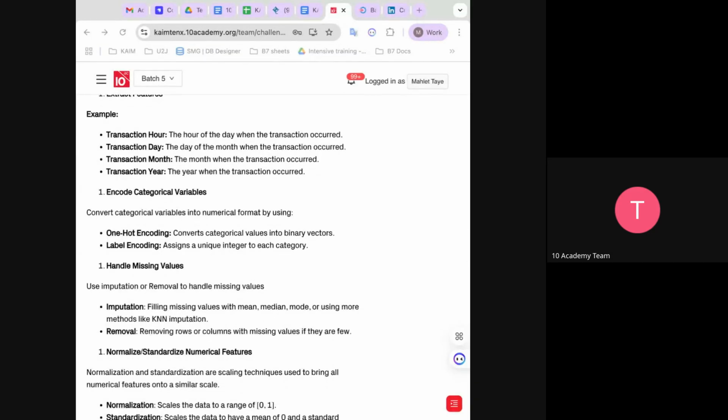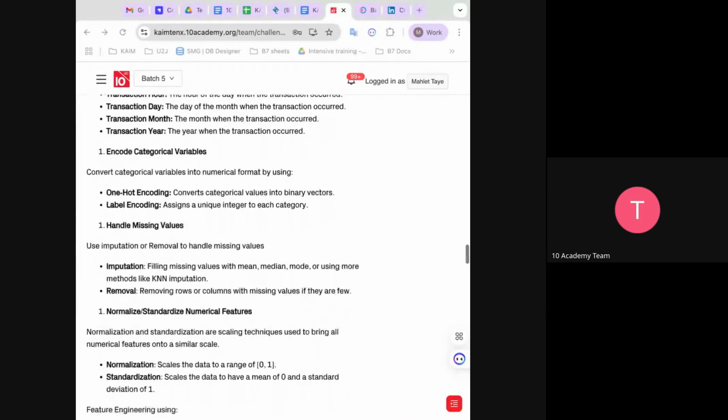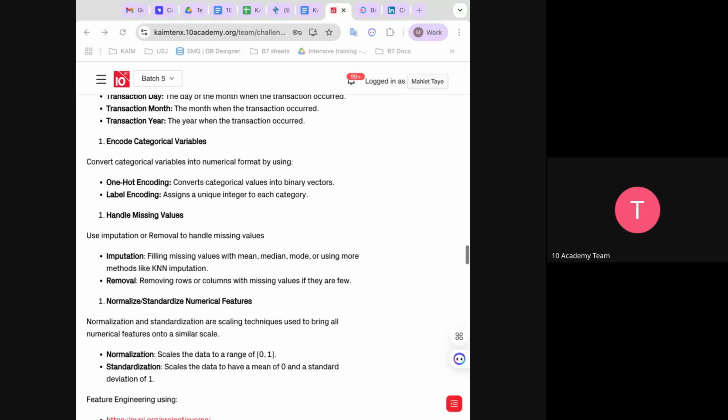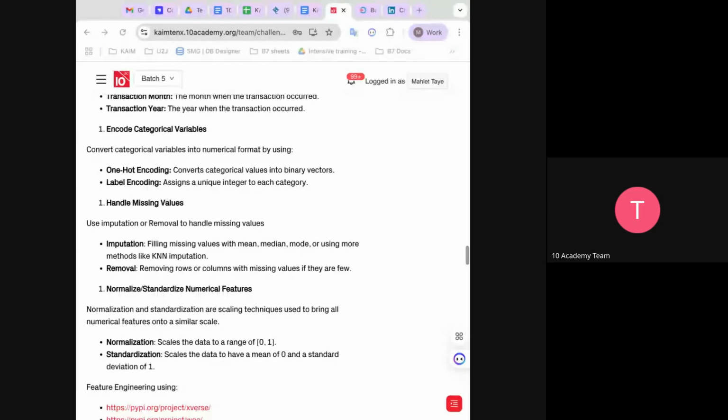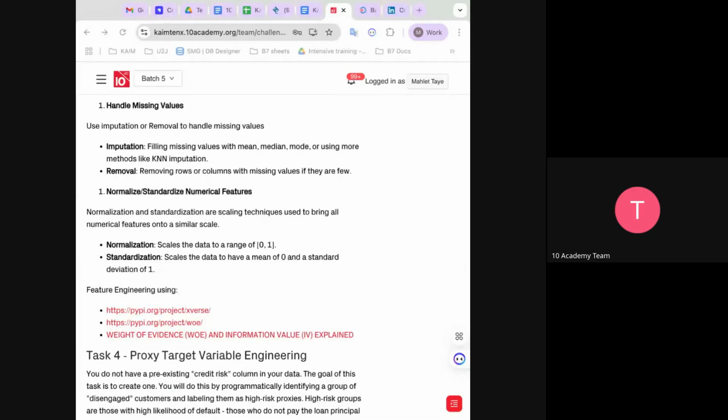How can you impute, whether by mean or median or any other method, by forward fill or backward fill, or any of the standardization techniques? You can use these tools to engineer the features and to get the most important features.